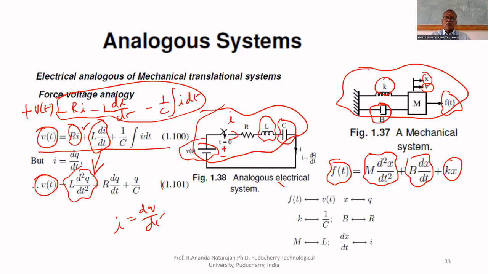We are writing in terms of q, not I. I is dq by dt, that we know. Therefore, this Ri becomes R dq by dt. If you replace I by dq by dt, dt gets cancelled, integral of dq is q, therefore you will get q by C.